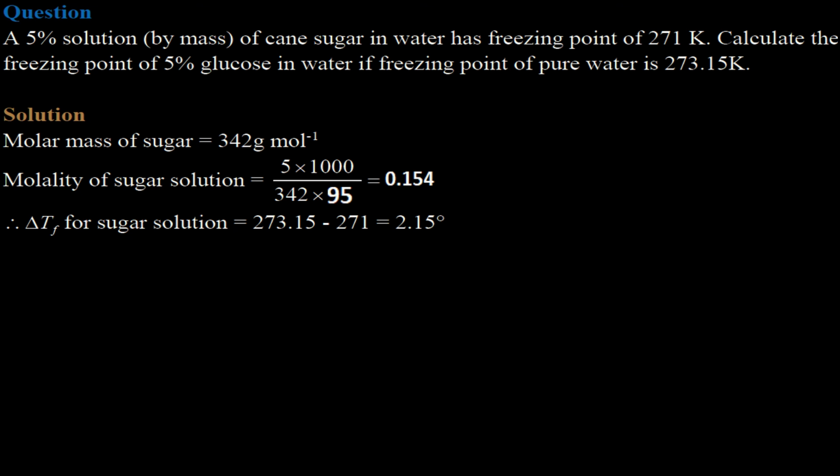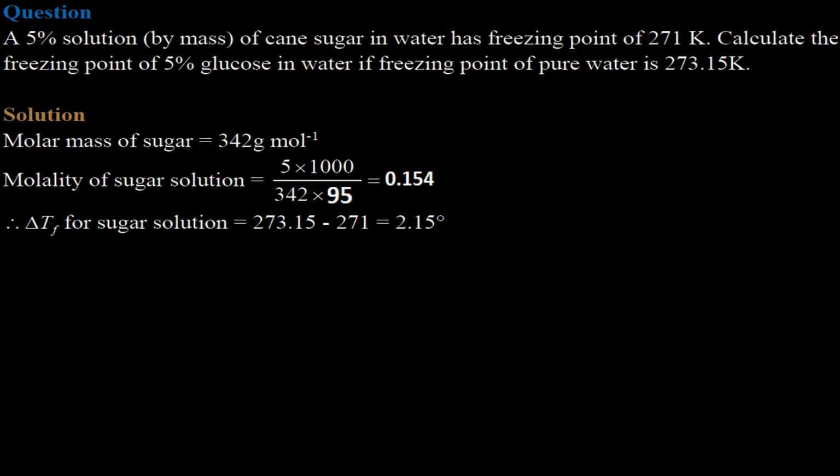So 5 divided by its molar mass, 342, is the number of moles of cane sugar, divided by the mass of the solvent, which is 95, because 100 is the mass of the solution. So 95 would be the mass of the solvent, divided by 1000 to convert it to kg. So it becomes 5 into 1000 divided by 342 into 95, which is 0.154.